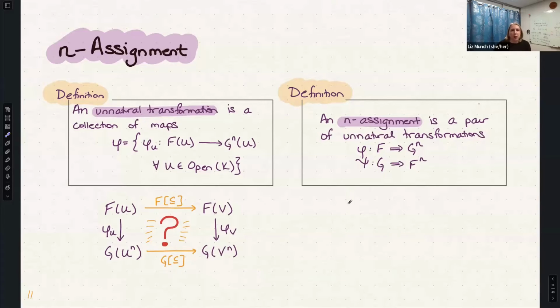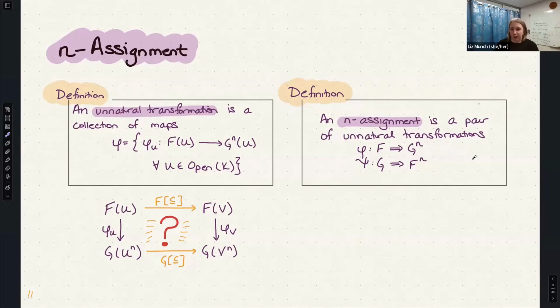So I'm going to give you all of the data you need to build a natural transformation, but not promise you that it actually commutes. That's an unnatural transformation. If I put a pair of these two things together, then that's called an n-assignment. So an n-assignment is a pair of unnatural transformations that look like they're heading towards being an interleaving, but I have not promised you anything about anything commuting.